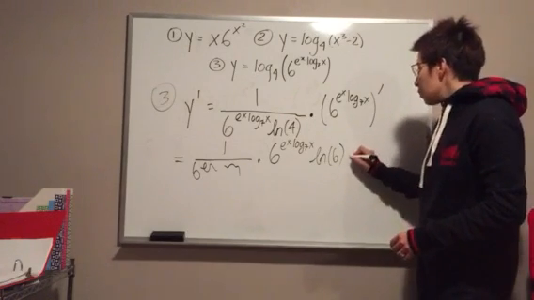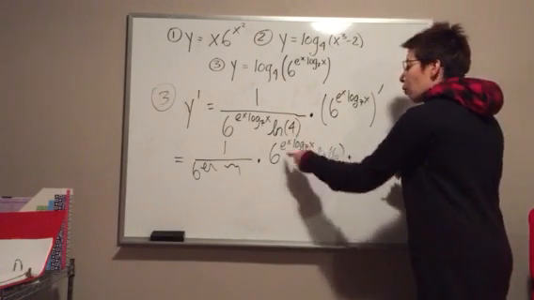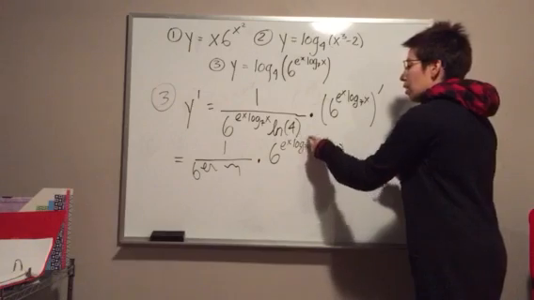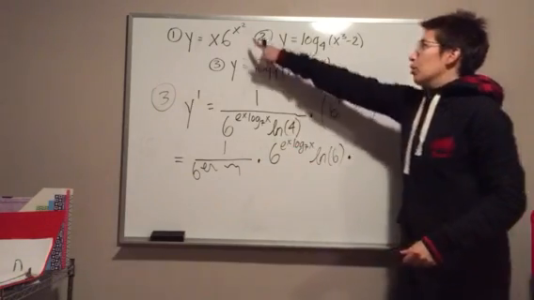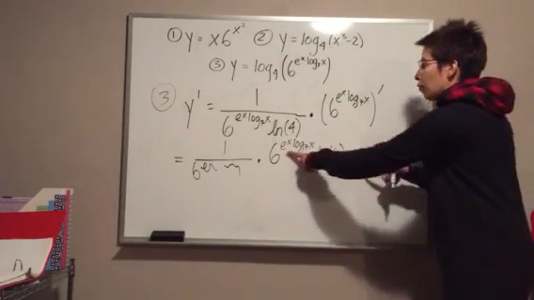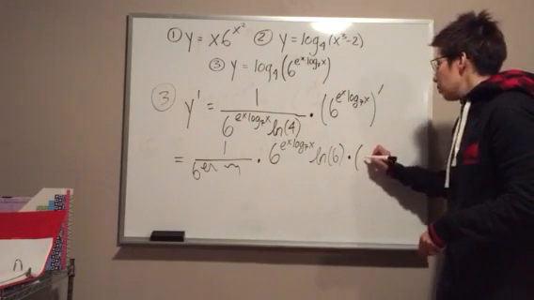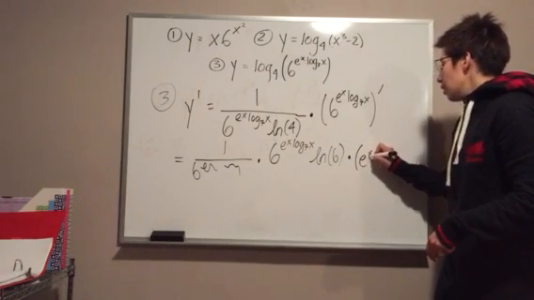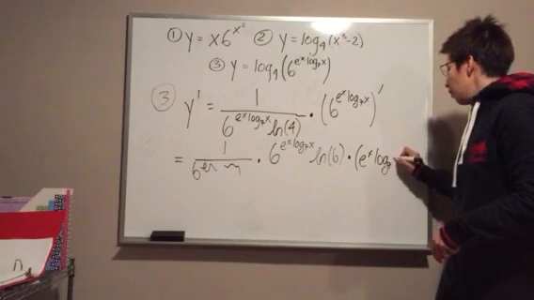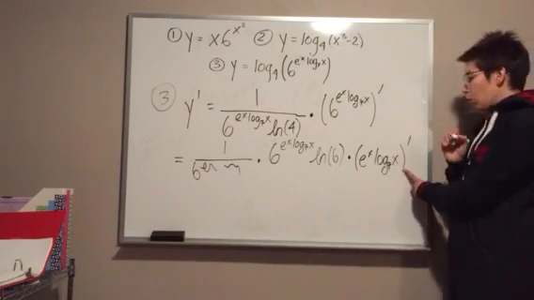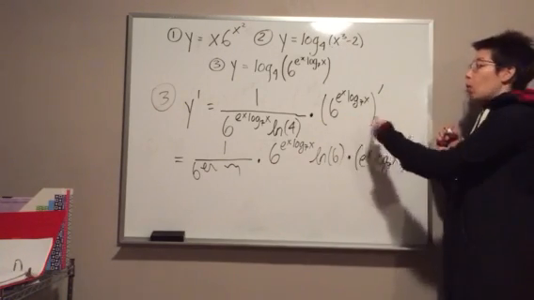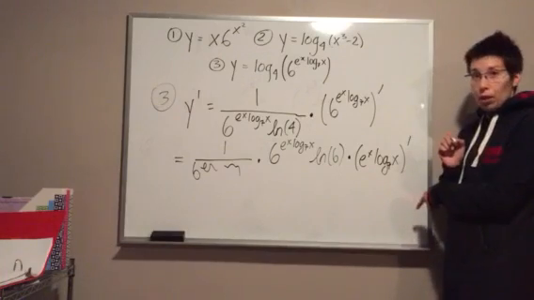And then times the derivative of the even more inside function, which is this exponent. Remember, we did the derivative of x squared. Now we do the derivative of e to the x log base 7 of x. So let me do that by saying that's e to the x times log base 7 of x, prime. That has to go right here. You could do this in all one line, but I'm going to take 3 just to take my time.